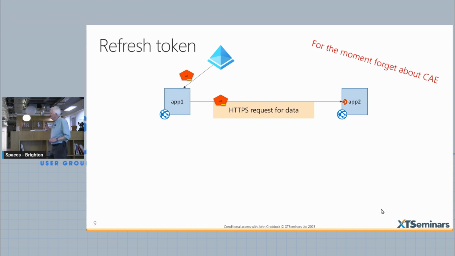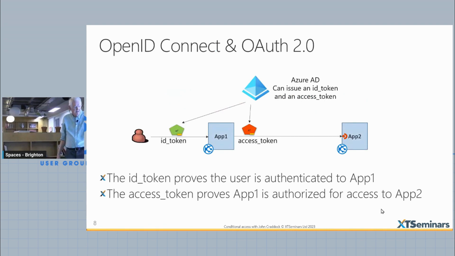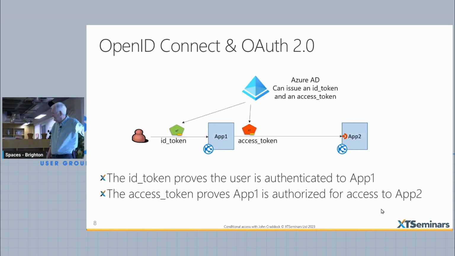Now, there's this concept of a refresh token, because if you think about this, this app needs to access the backend system regardless of whether the user's logged in or not. I mean, that's one of the ways of operating. So it's going to need this access token. What's going to be the lifetime of that access token?